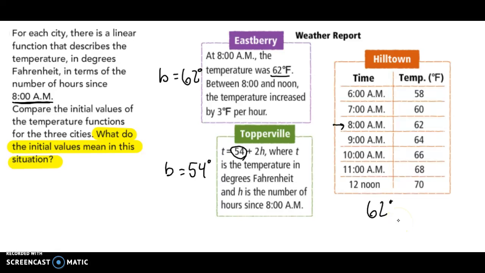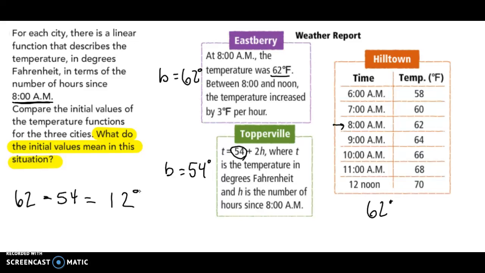So the question says, what do the initial values mean in this situation? Well, we can see here that we have 2 cities that are 62 degrees, and we have 1 city that's 54 degrees. We can subtract these 2 values, and we get 8 degrees as our difference.